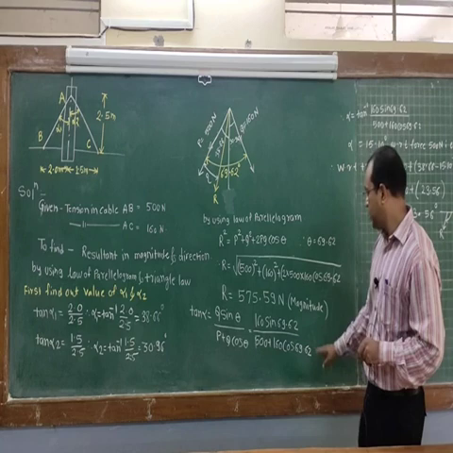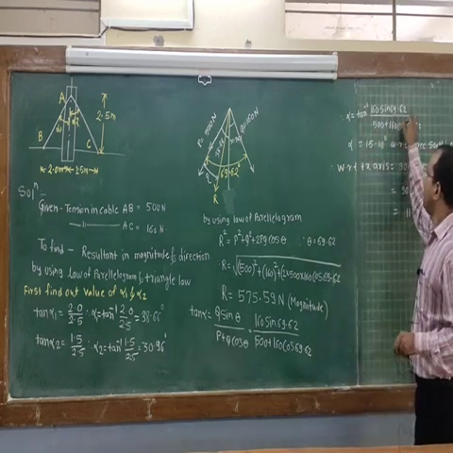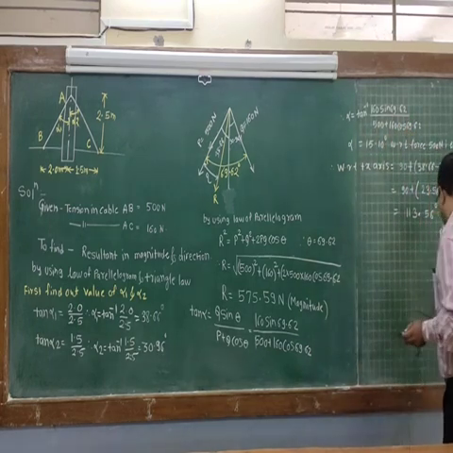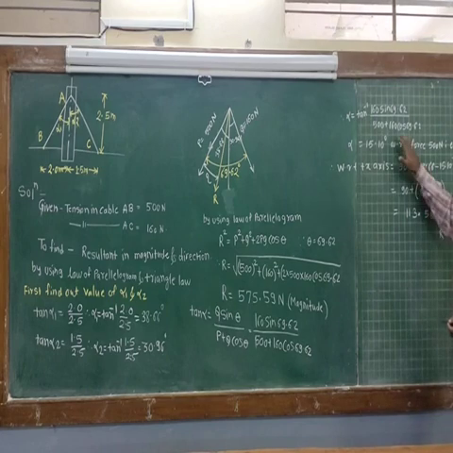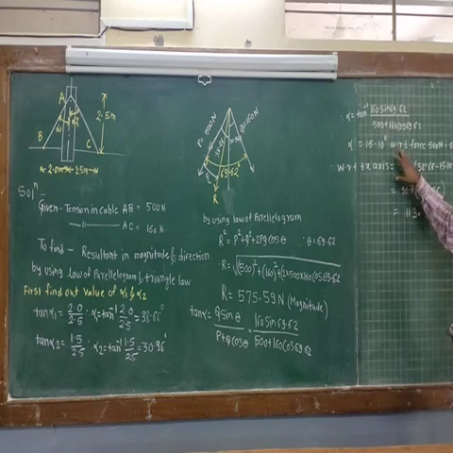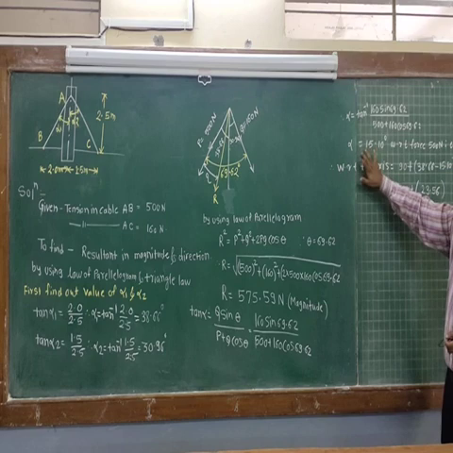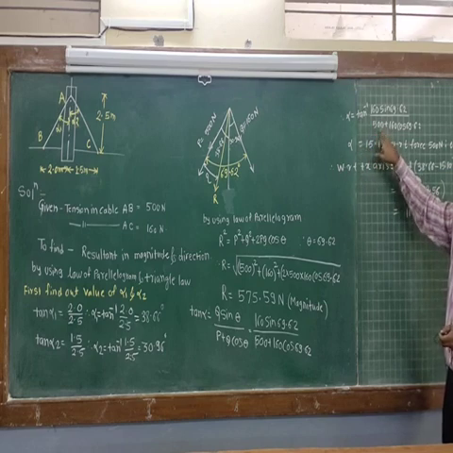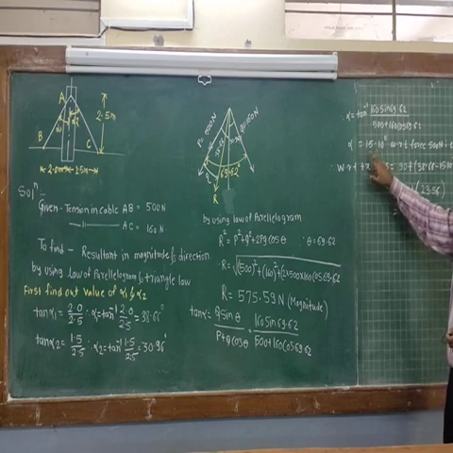After solving, substitute the values of all the forces, and you will get the value of alpha, that is 15.10 degrees with respect to the 500 Newton force, that is P.